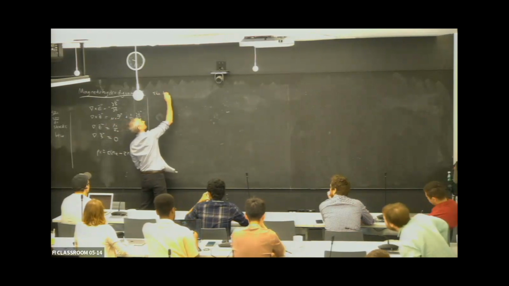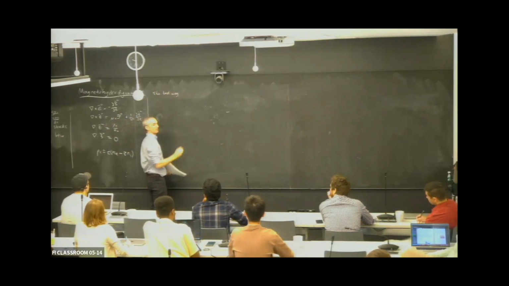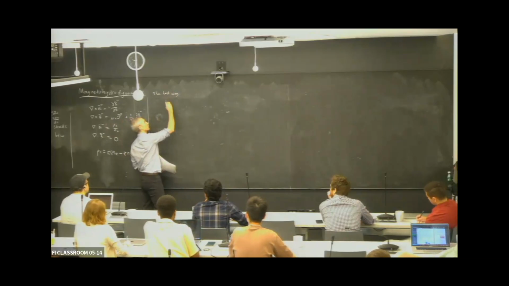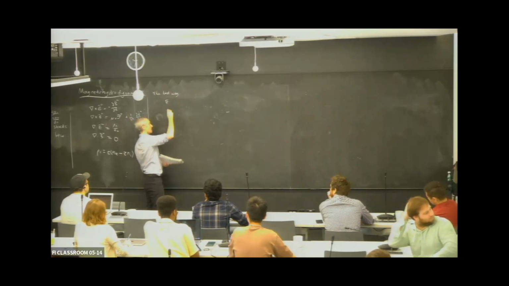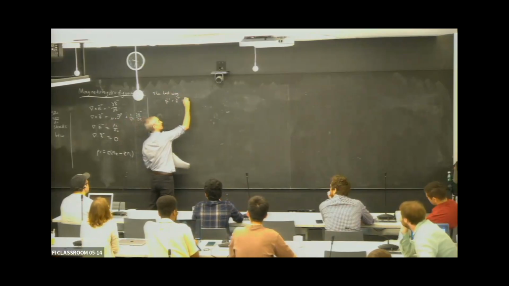The bad way, it's not bad, it's kind of fun, but it's just like plucking things from the sky. You don't really know where it comes from. You say, let's transform to the co-moving frame. So we say E dash is E plus V cross B. Where does that come from?